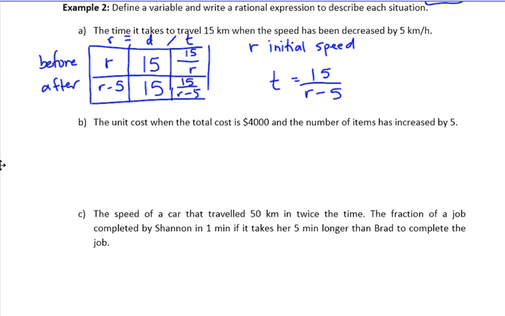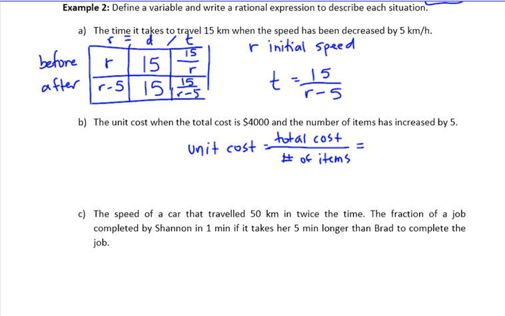So what's our unit cost going to be? So how do we usually find unit cost? If I have $10 for 12 items, how would you find it? 10 divided by 12. So our total cost over the number of items. So the total cost divided by the number of items.